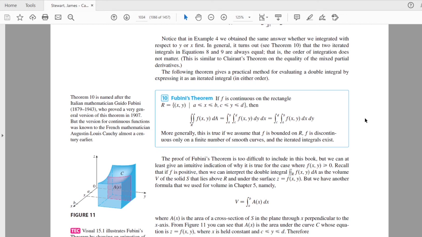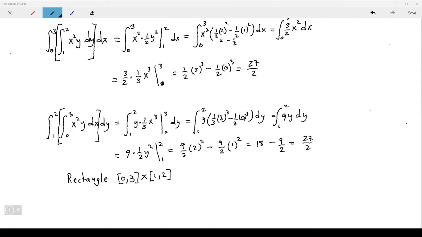So now the question becomes, if I can do it in either order, does it matter what order I do it in? Essentially, sometimes it does, sometimes it doesn't.